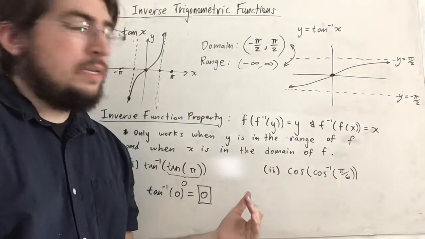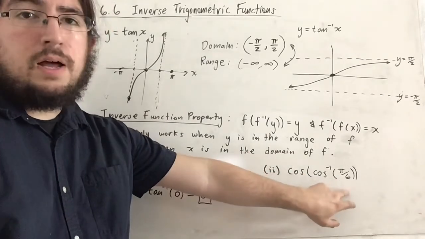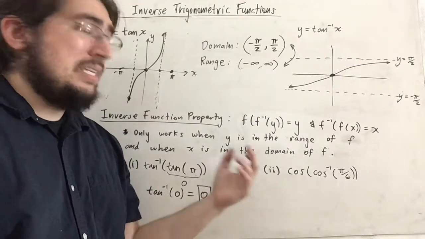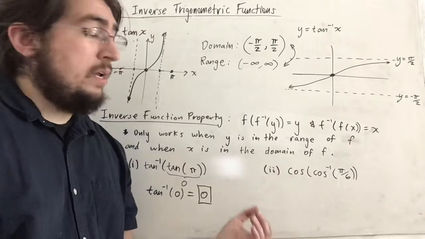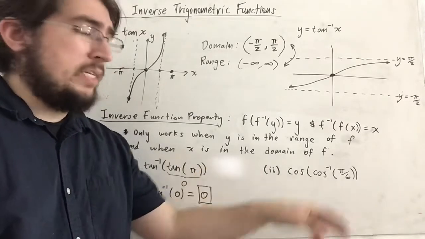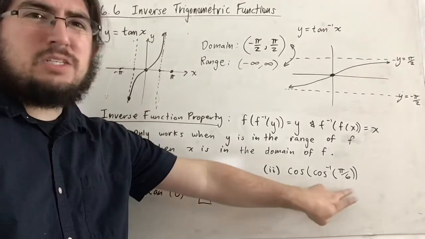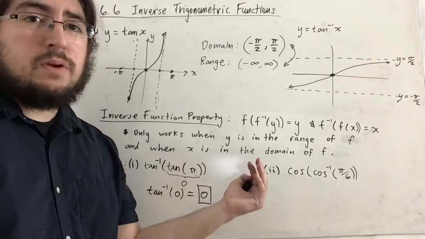I think pi is about 3.14, so 3.14 over 6 is less than 1, and the domain of cosine inverse is negative 1 to 1. So you can actually take cosine inverse of this. The only problem I see is that I would imagine this should be radical 3 over 2, because cosine of pi over 6 is radical 3 over 2.